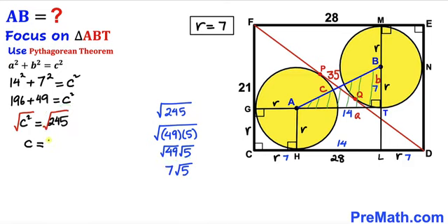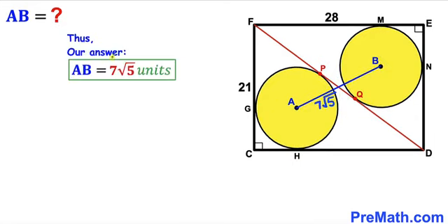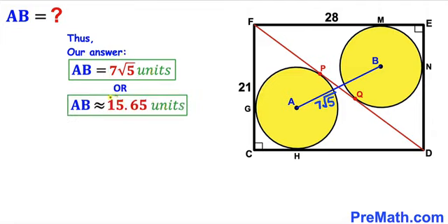So therefore our c length is going to be 7 times the square root of 5 units. So thus our AB length turns out to be 7 times the square root of 5 units, and that is going to be approximately equal to 15.65 units. And that's our final answer.